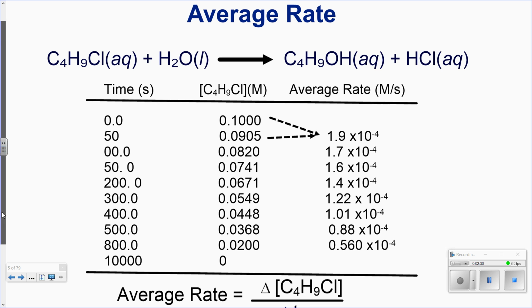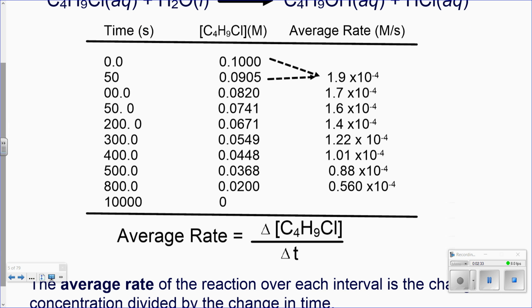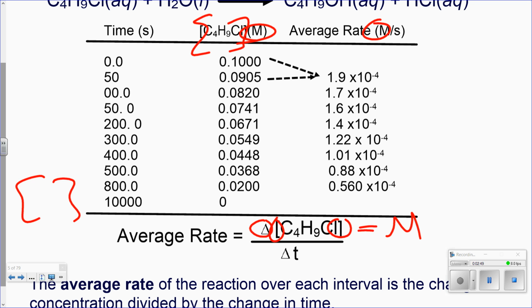By the way, brackets, such as you see here and here, mean molarity. Get that in your head right now. That's molarity, or concentration in the form of molarity, so it's molarity per second. Always know that those brackets mean molarity, moles per liter.